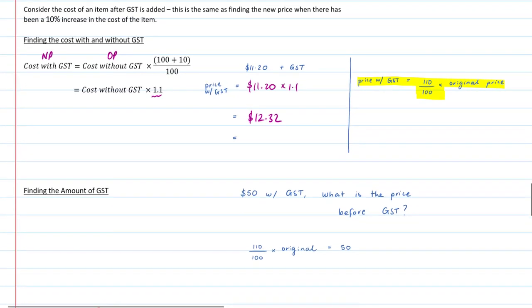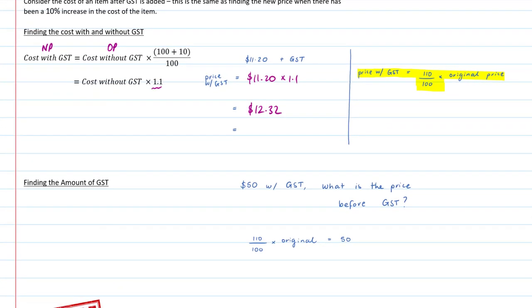Finding the amount of GST, so $50 with GST, what was the price before GST, and we can find the amount. So remember that we've got our multiple here, so rearranging this formula, if the new price is equal to the old price times 1.1, well then the old price is equal to the new price divided by 1.1.